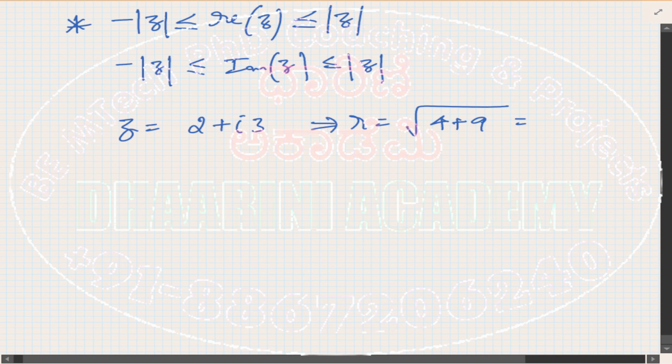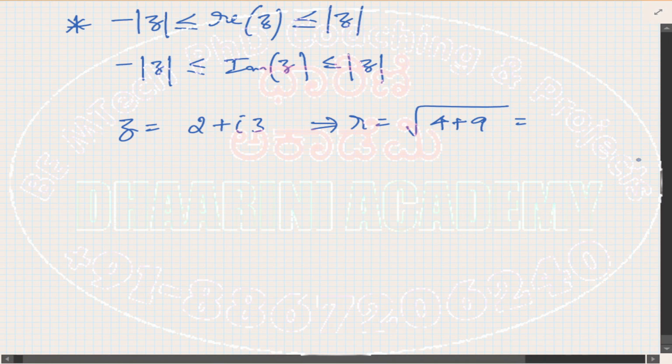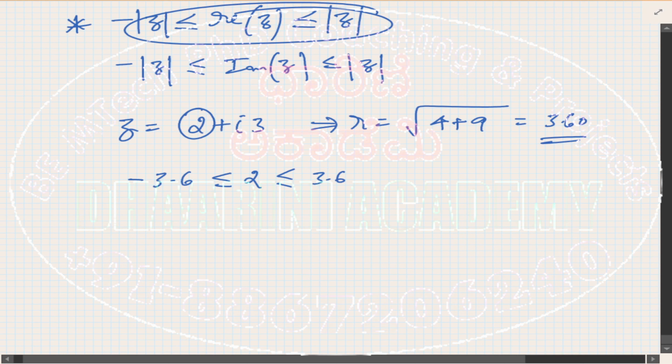Root 13 comes to 3.60. So the property says minus of the magnitude of z, minus 3.6, is less than the real part of z. What is the real part of z? It is 2. This is less than the positive 3.6. See, the first property is satisfied.